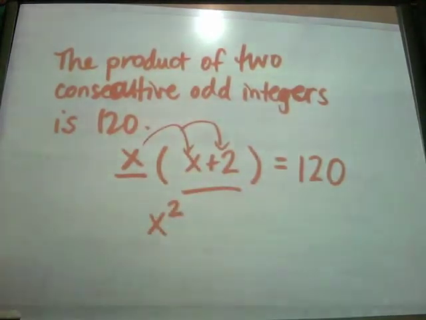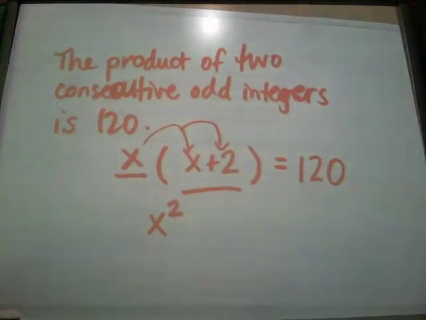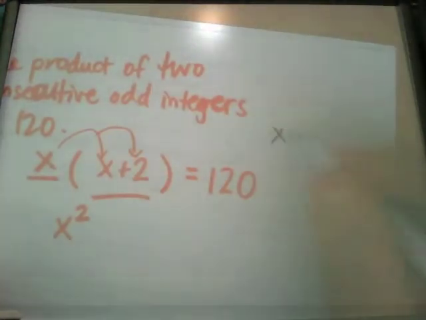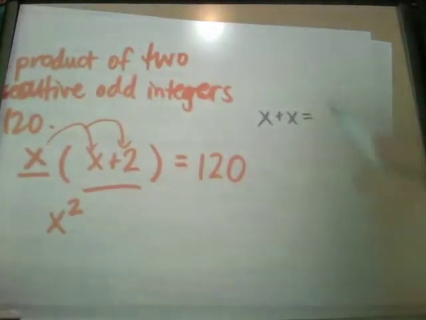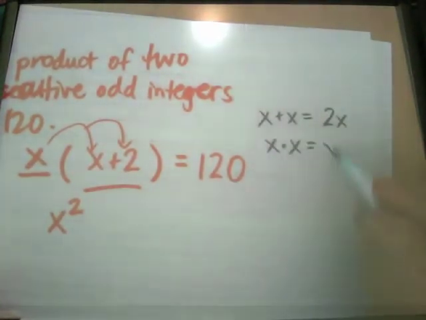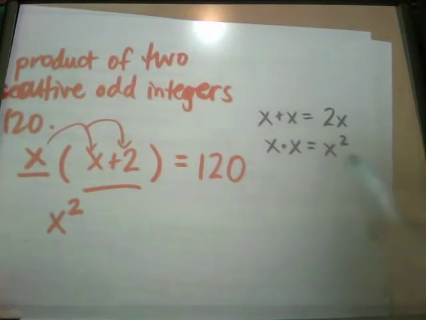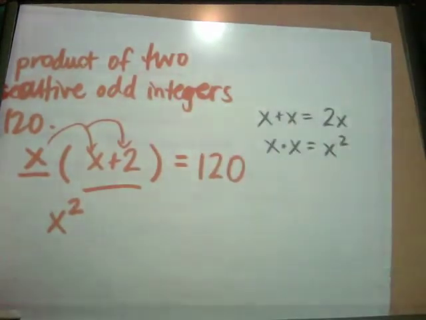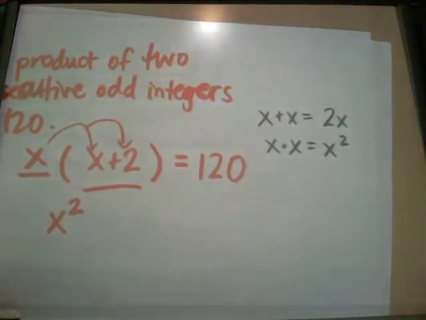X squared. Guys, real quickly, the difference. Over here, this is going to be a big thing this year. When you add x plus x, you get 2x. X times itself, when you're multiplying it by itself, it is the exponent 2. This makes a difference. These are different answers.